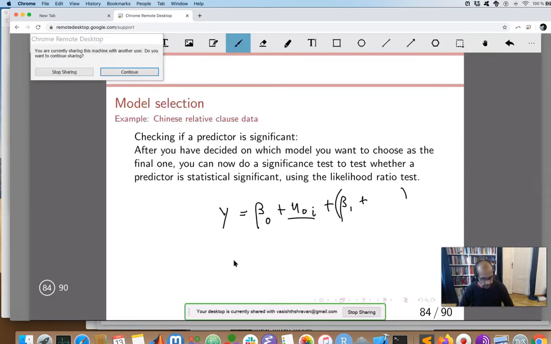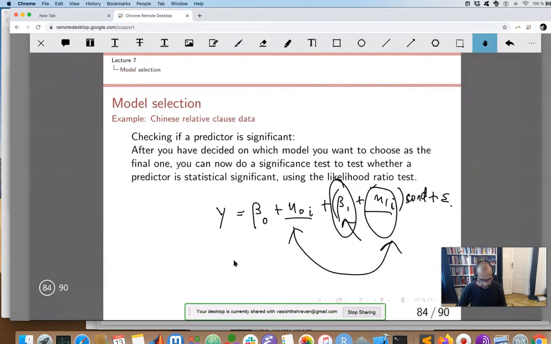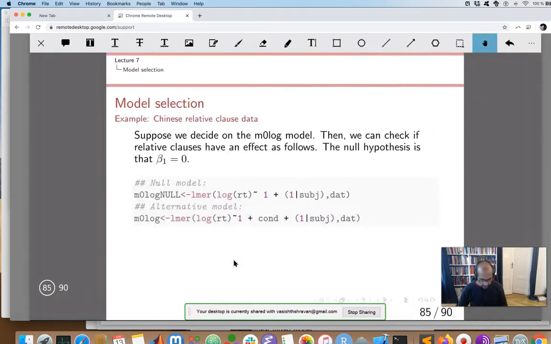So now you can ask yourself, having decided on the random effect structure of your model, right? According to this analysis, the random effect structure that we have chosen is the M0 model. That is the model with varying intercepts, right? So I could decide to now check, with the varying intercepts random structure, whether there is an effect of the relative clause on average or not, right?